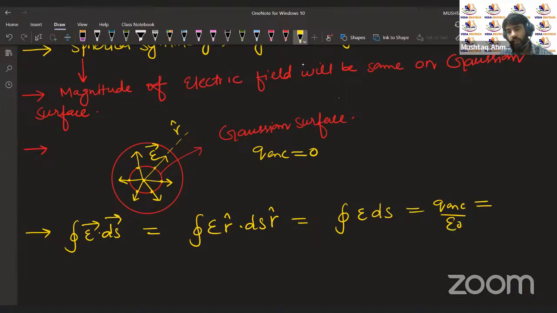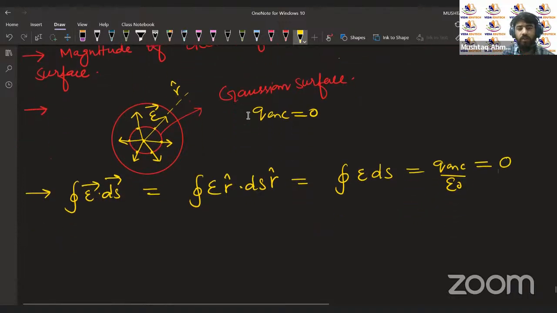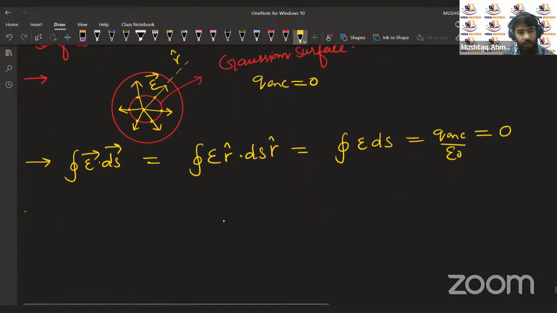And it's given that the charge enclosed is zero. E is constant here because on the Gaussian surface the magnitude of the electric field vector is the same. So the integral of E ds will be equal to 0.